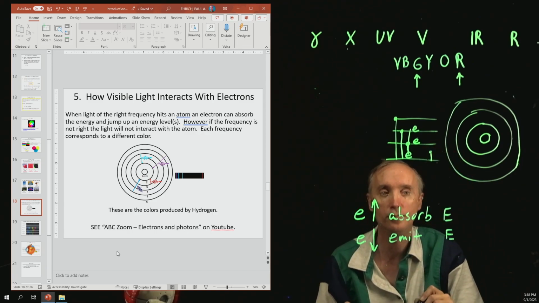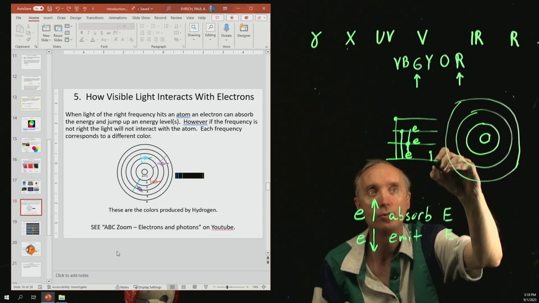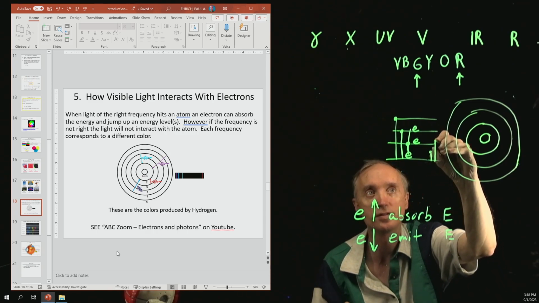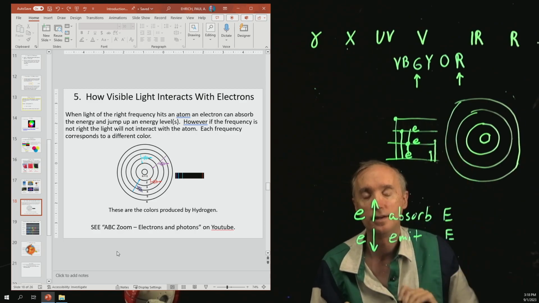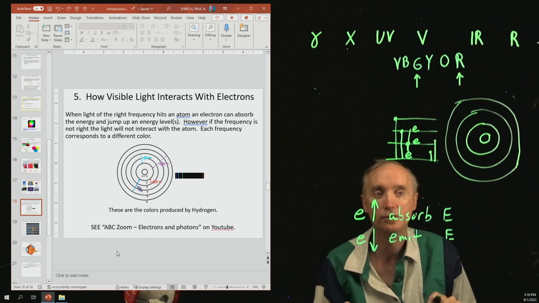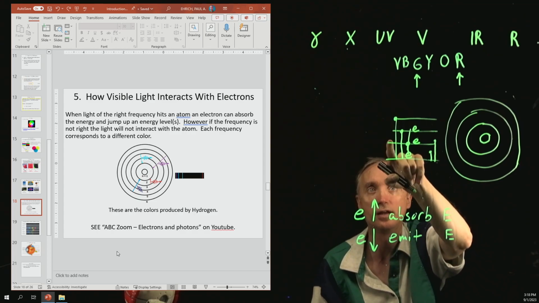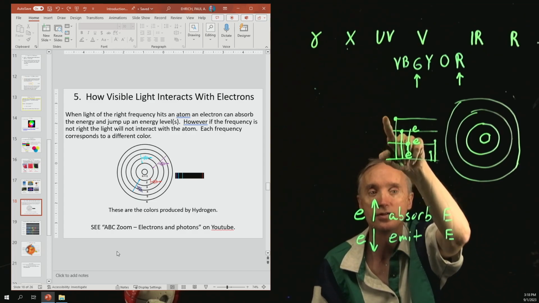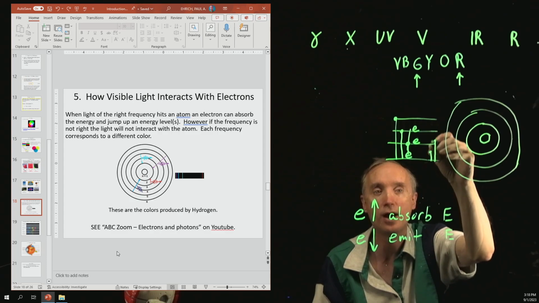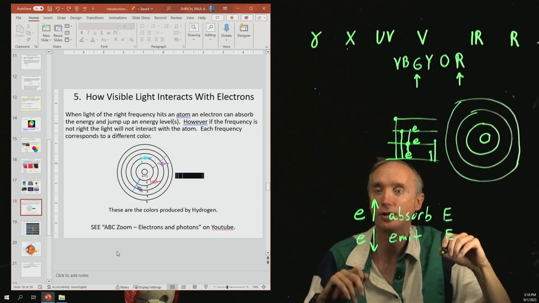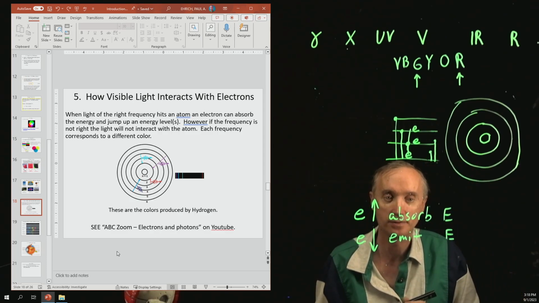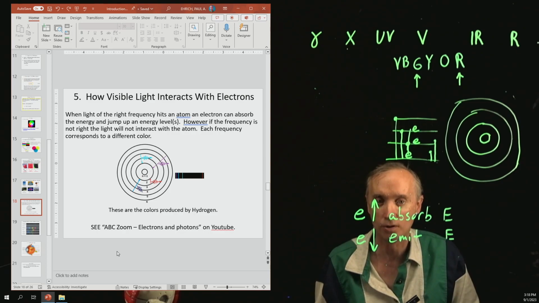That would be a forbidden jump. And likewise, it can't jump to, let's say, right there. That's a forbidden jump. It can only go from one energy level to the next. So it cannot go halfway. It can't go 99% of the way. It's an all or nothing thing.